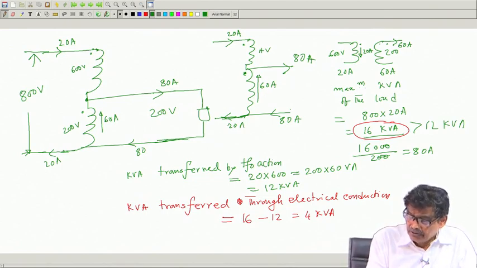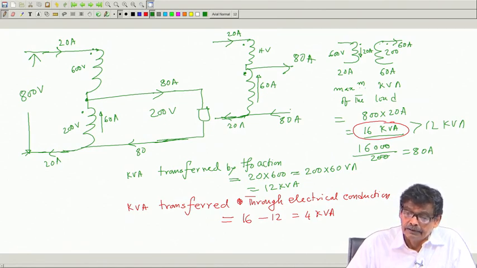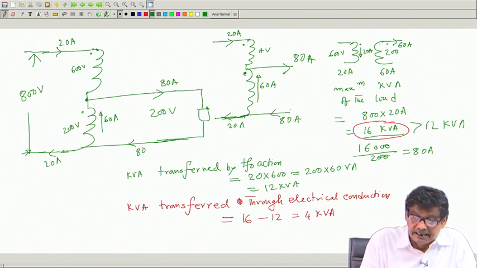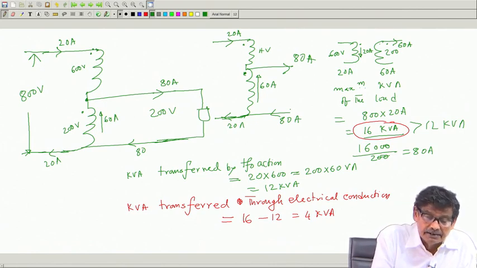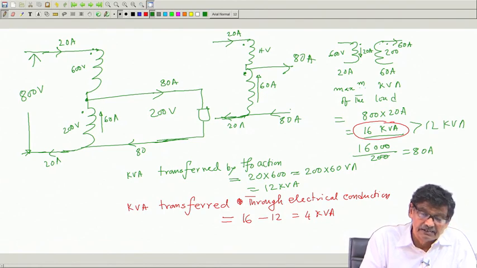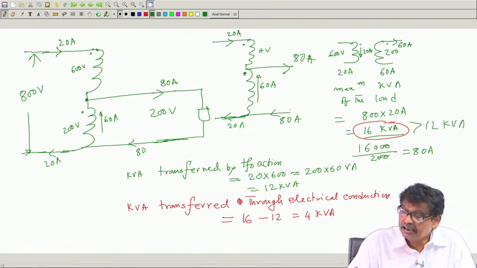And we have also seen another interesting feature, that for a two winding transformer whose rating, in the numerical example we considered, is 12 kVA, apparently it looks very surprising that the kVA handled by this connection is much more than the kVA rating of the two winding transformer.